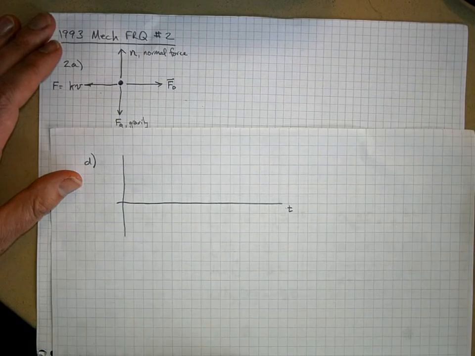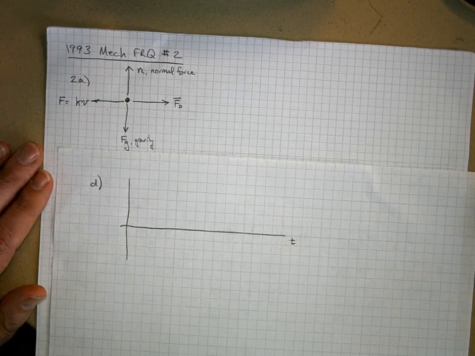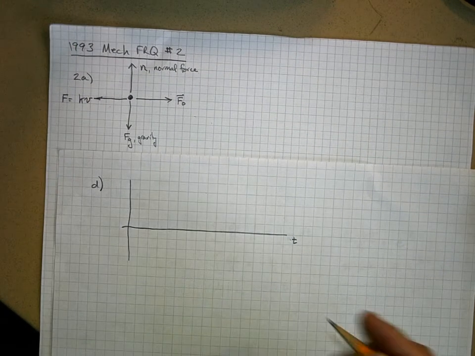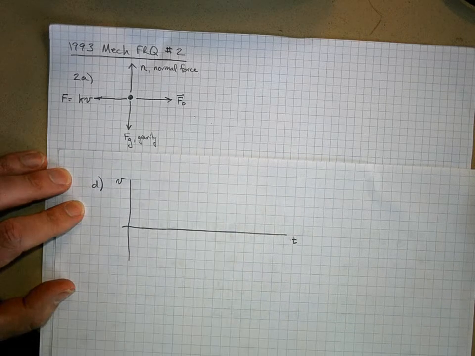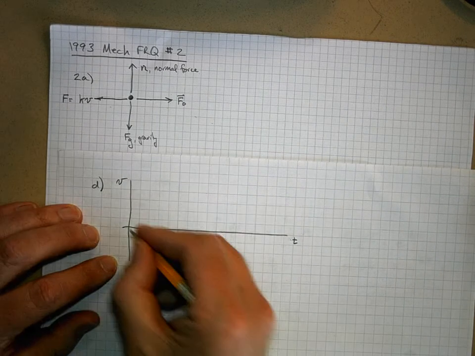Look at the free body diagram up here. First of all, this is velocity and this is time. What's our initial velocity at time t equals 0? It's 0, so put a dot right there.